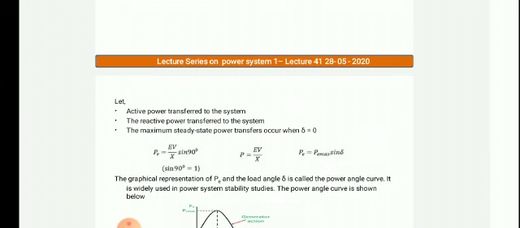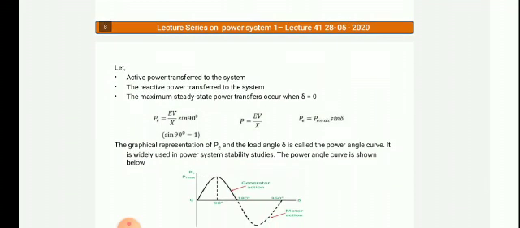When it is sin 90 it becomes 1, when it is 0 it becomes 0. So P is equal to P max sin delta.